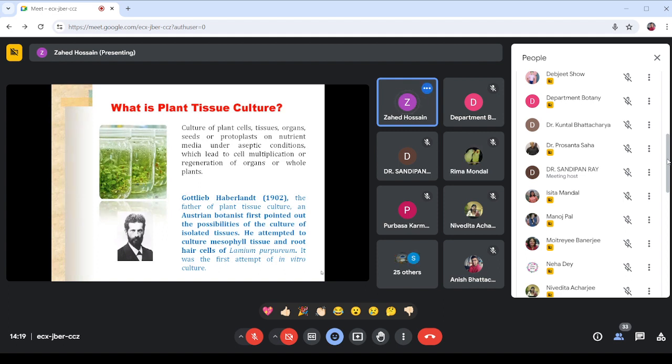You need a specific aseptic area, and for that you need certain instruments or equipment. So the overall definition is the culture of plant cells, tissue, organ, seed, or protoplast on nutrient media under aseptic condition, which leads to cell multiplication. That means it will lead to the formation of callus or the regeneration of the organs or the whole plant. That is the complete definition of plant tissue culture.